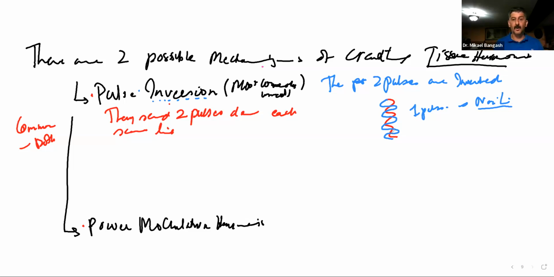So there are going to be points where some energy from the non-linear pulse remains left behind even after the cancellation. And that is going to form our harmonics. Is that clear?